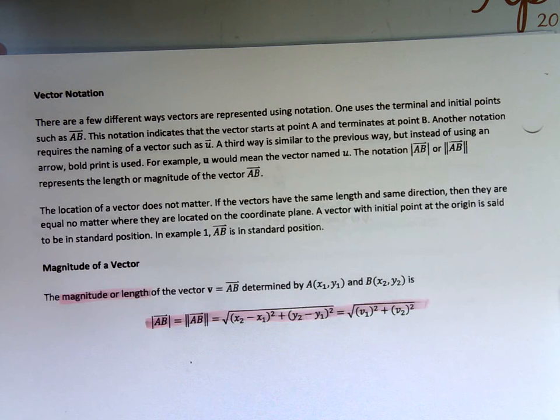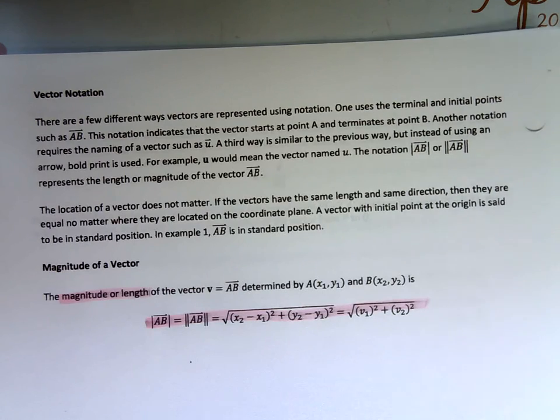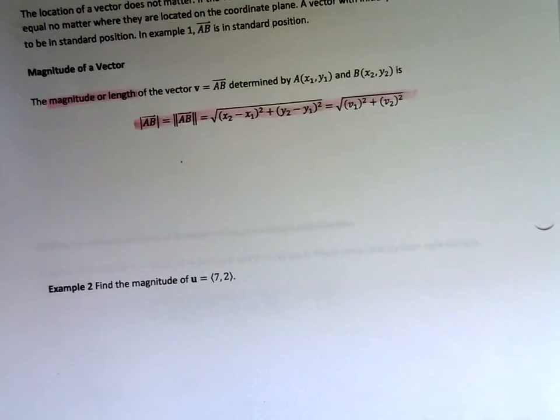We know that in a coordinate plane, if I'm finding the distance between 2 points, the length, it's the distance formula. But with vectors, you can do the same kind of thing: take your x term squared plus the y term squared of the vector. So that's your formula. And then it says, okay, we'll use that to find, in example 2, the magnitude of u. Now see, they used a bold printed u.